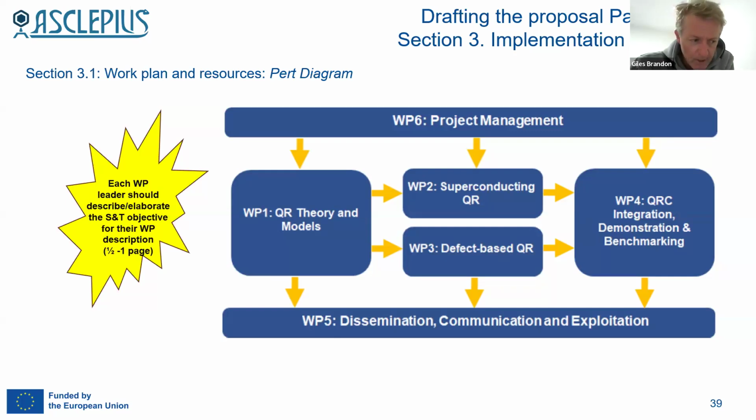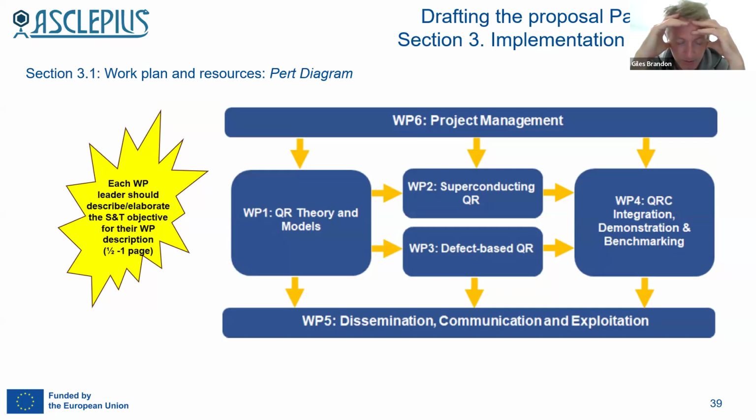However, I strongly recommend in your proposal that you really present a sort of simplified version of those relationships between the work packages. So in this example here, this is from my currently running project on quantum reservoir computing called QRC for ESP. With this project, there's a work package 1 dealing with sort of theory and models.